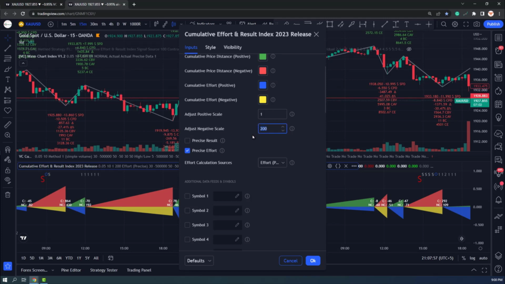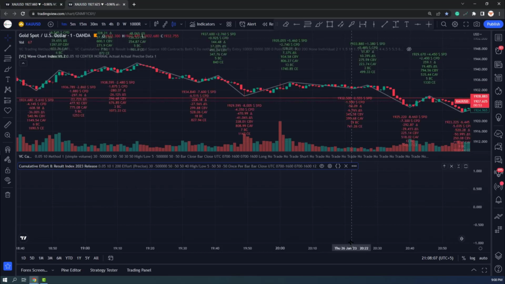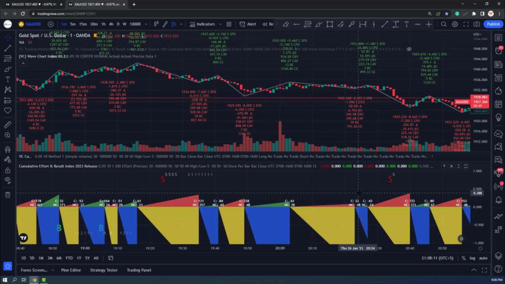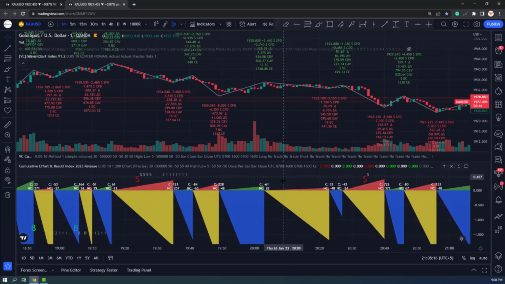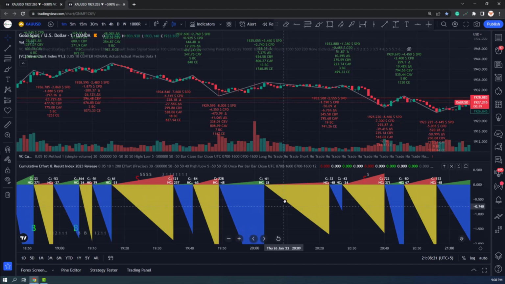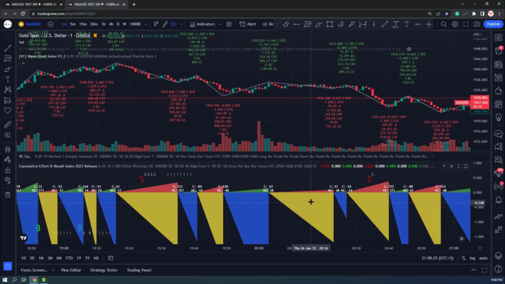So how to use it? For example, in some time frame, let's go to the 1 minute time frame. It's loading. Yeah, you see here, the negative scale is showing more than the positive scale. It's larger than the positive scale.